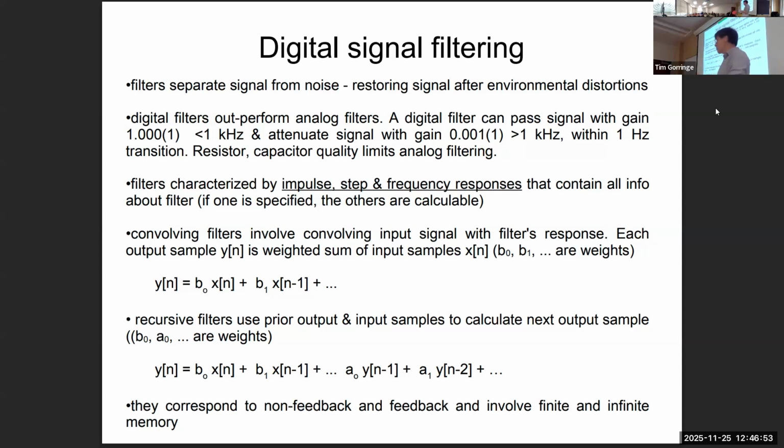But the recursive filter can have infinite memory of the input because it's feeding back the output into the next sample. So they also differ in a finite memory versus an infinite memory for the convolving and the recursive filters.